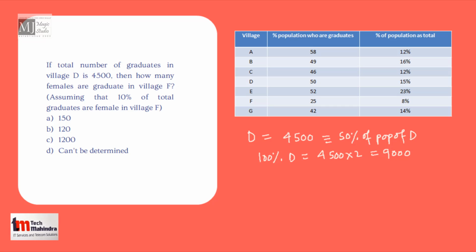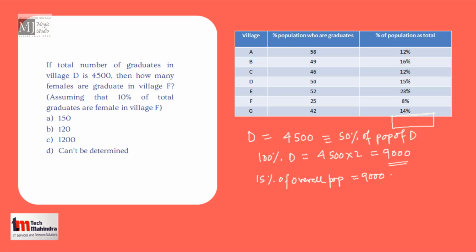Then how many females are graduates in village F? For that I need the total population of all 7 villages first. As a percentage, the population of D is only 15%. That means 15% of the overall population is 9,000.